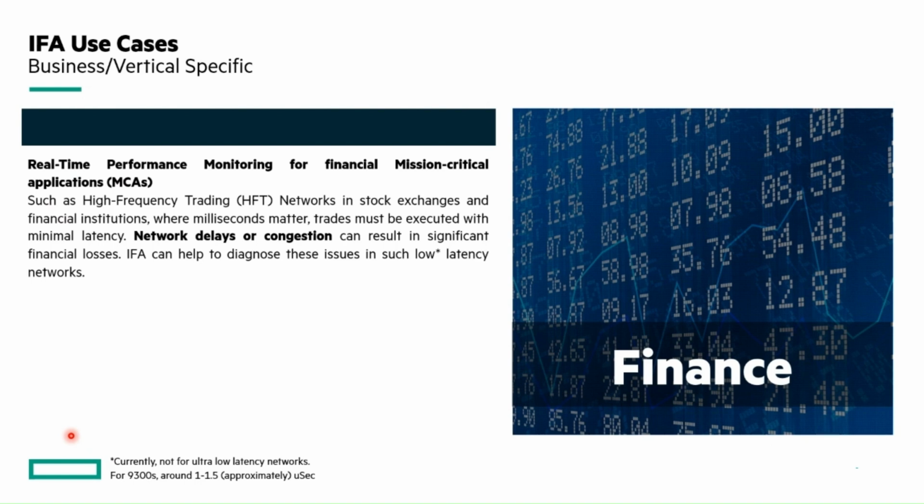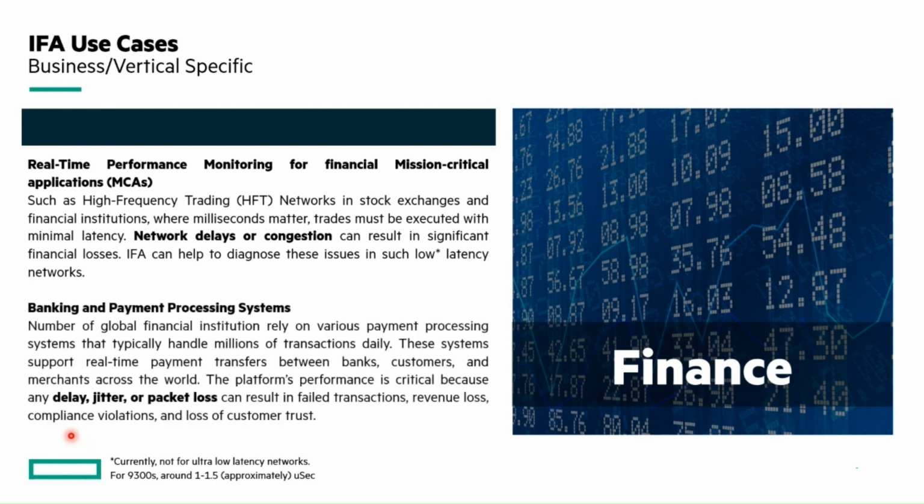Trades must be executed with minimal latency, and network delays or congestion can result in significant financial losses. Now, IFA can help to diagnose these issues with such low latency networks. Please do note that this is about low latency networks and not ultra low latencies.